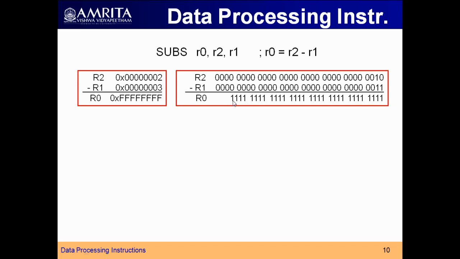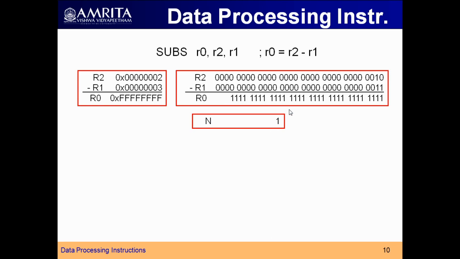But in ARM, it will be represented as FFFF. Why? Because whenever you are getting a negative result in ARM, it will be represented by its corresponding 2's complement. So what is the corresponding 2's complement of negative 1? 1, 1, 1, 1. Right, and since your result is negative, because MSB is 1, the negative flag also will be set. Since MSB is 1, it is a negative number, so negative flag will be set.